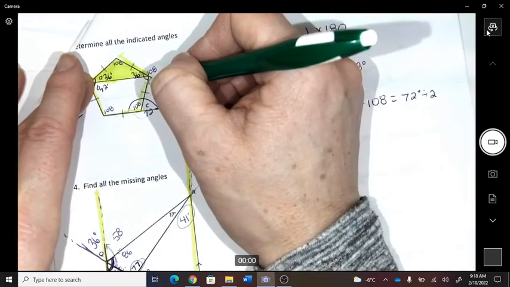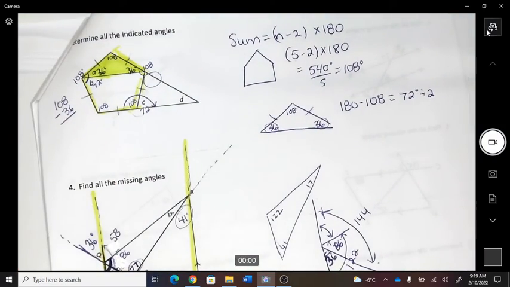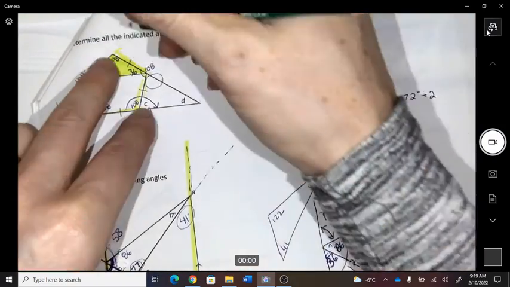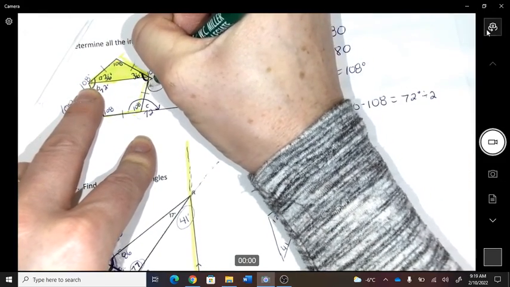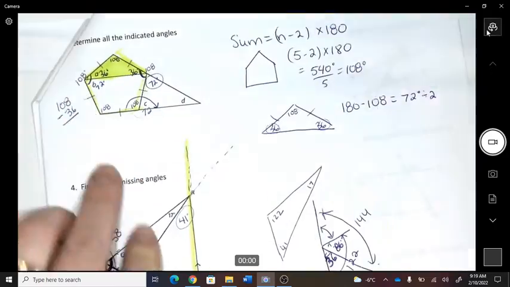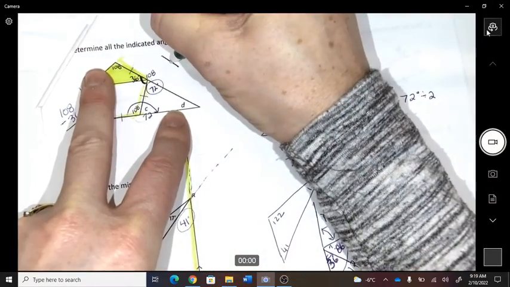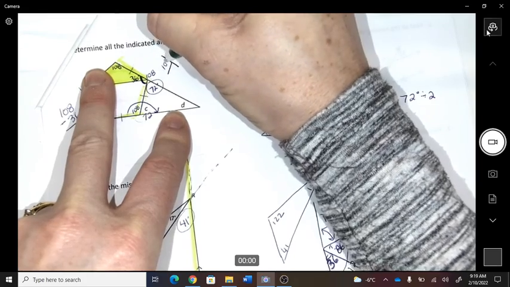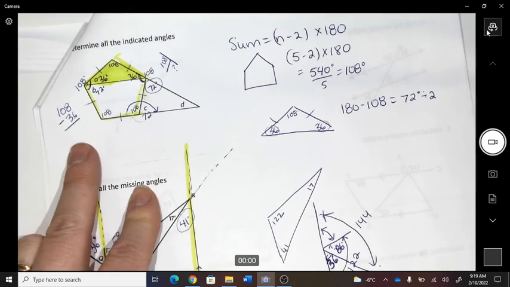What about that angle? So this was 108. So then this also has to be 72 because, right? That's 108. So those would have to make a straight line together, those two.